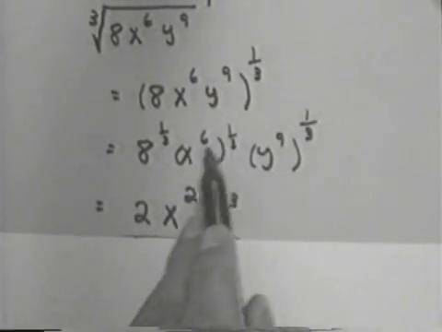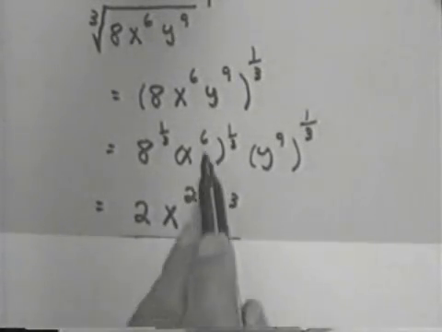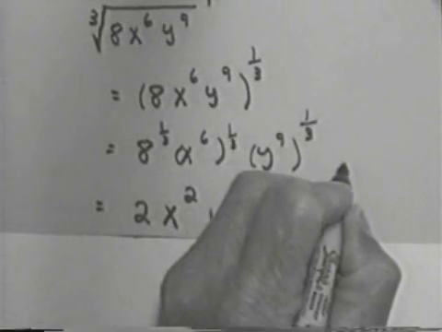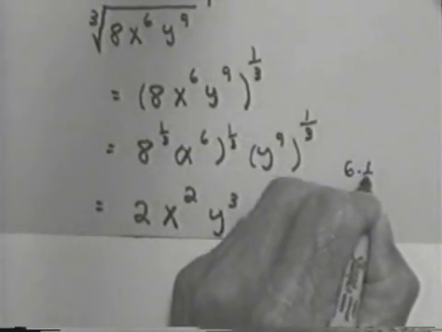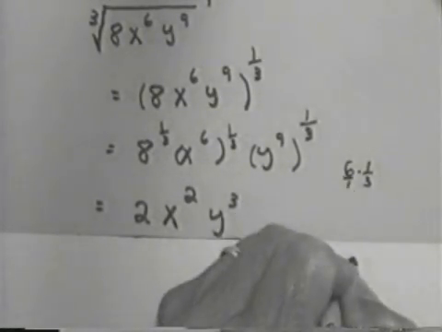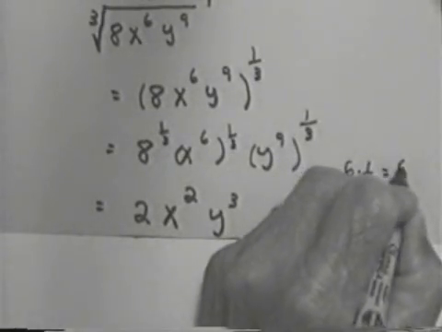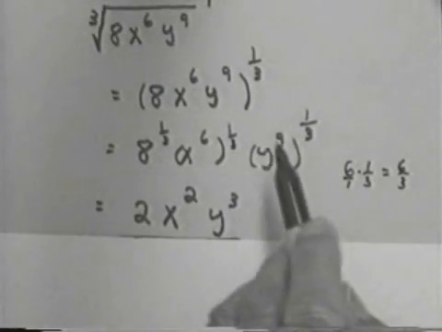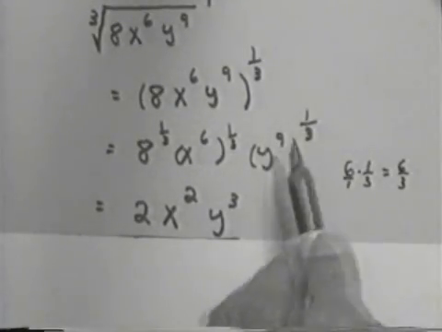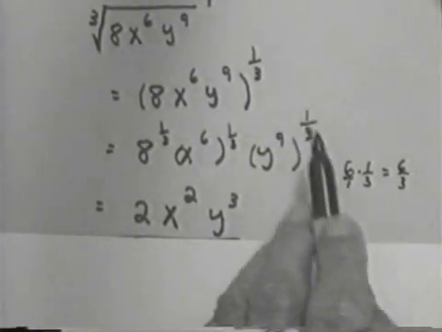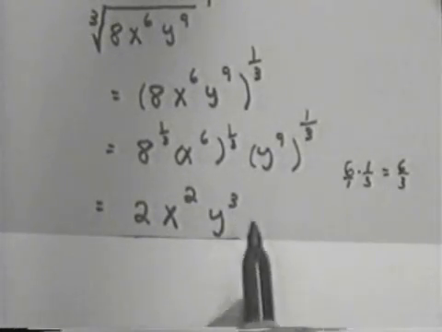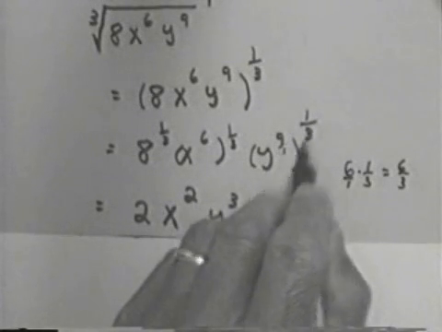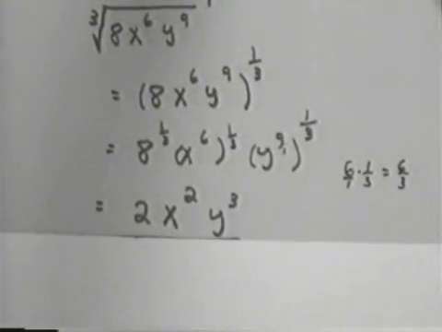To raise a power to a power, I keep my base and multiply the exponents. So I'm multiplying 6 times 1/3. That's 6 over 1 times 1/3, which is 6 over 3, which is 2. And 9 times 1/3 is 9 over 3, which is 3.